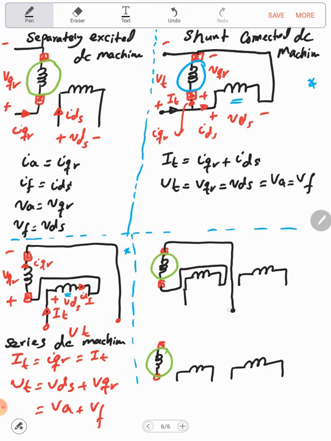So here we're having the series coil in series with the armature, and now we will connect the shunt in parallel with the series and the armature, and this is called long shunt compound.